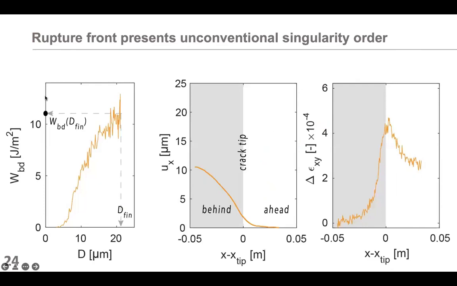So what we have done is that we tried to do the same analysis of the slip occurring behind the crack tip using linear elastic fracture mechanics. So here you can see the evolution of breakdown work with slip for one single event, and here you can see the evolution of slip as a function of the position of the crack tip from the experimental point of view. And here is the evolution of the shear strain as a function of the distance from the crack tip also.